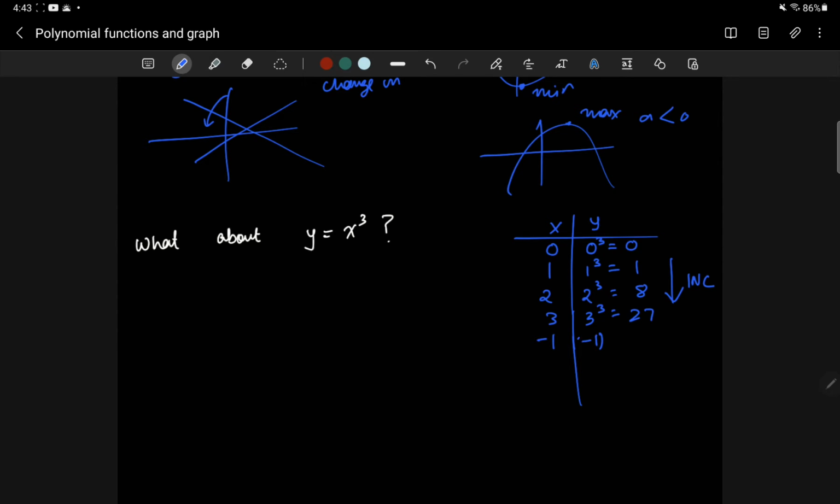Negative 1 cubed is actually back to negative 1, because negative 1 times negative 1 is positive 1, and then that times negative 1 is negative 1. Negative 2 cubed is negative 8, and negative 3 cubed is negative 27.